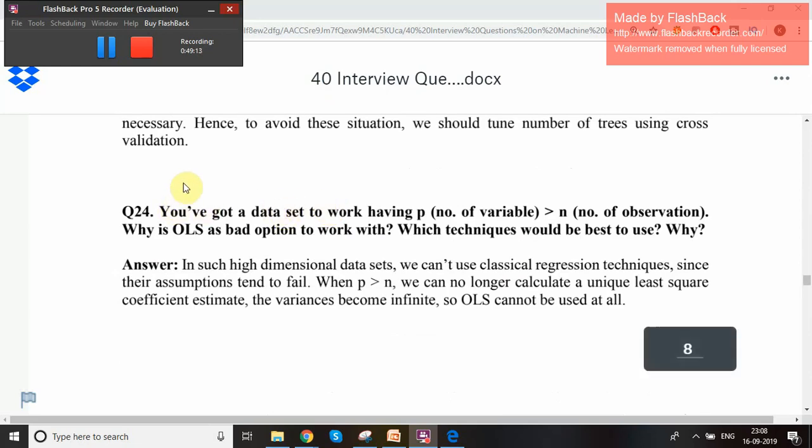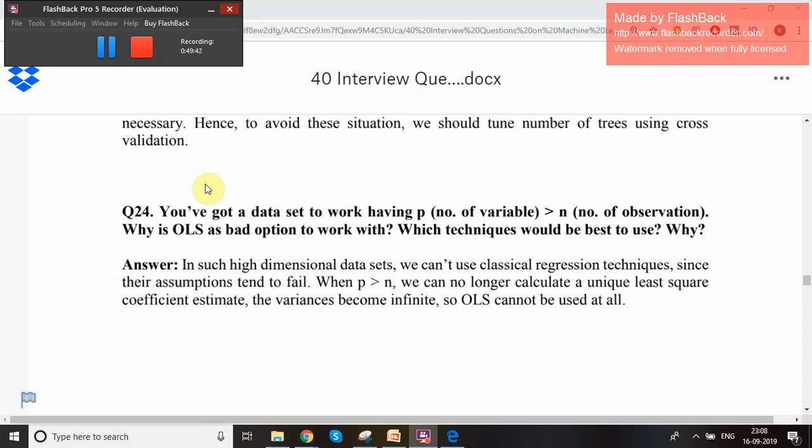You have got a data set to work on having p, that is the number of variables, equal to the number of observations. So what is OLS? OLS summary is a simple linear regression where we try to find out the R and R square value in the case of regression, where we can easily anticipate the data, the missing figures and things like that.